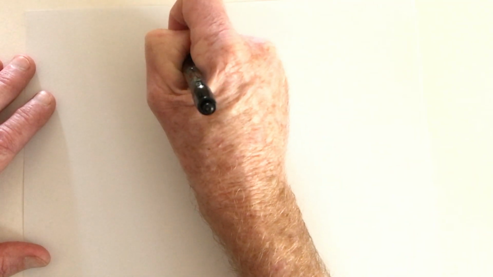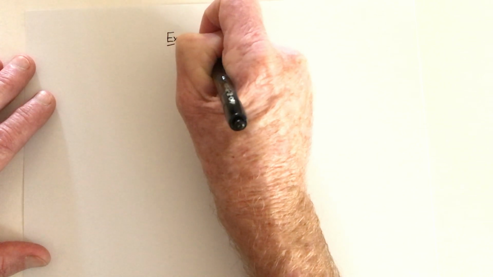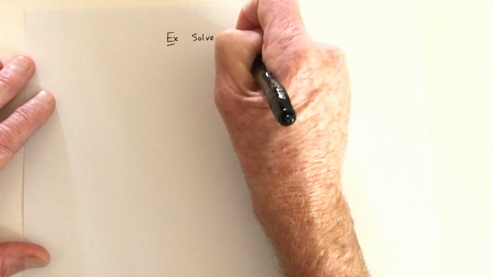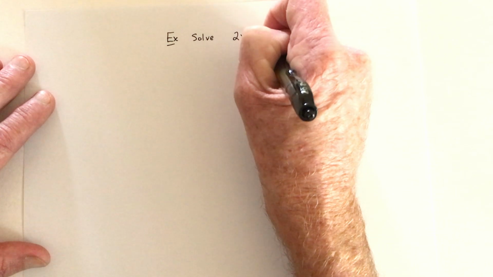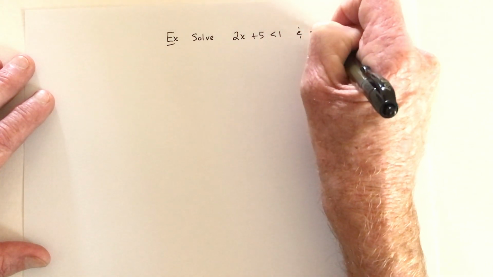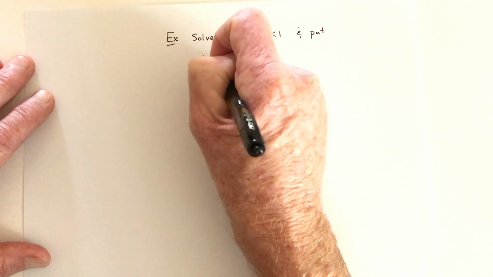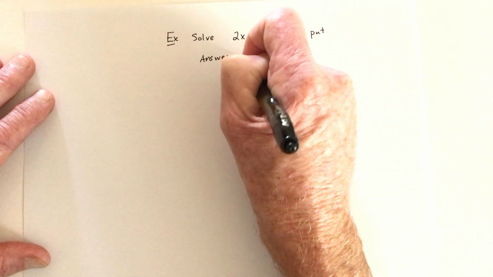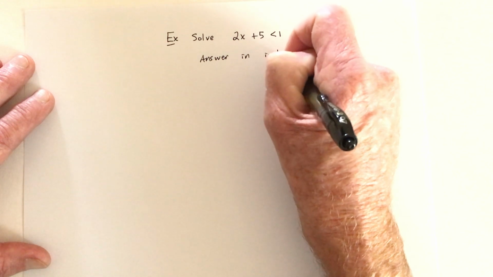So I showed you some examples where we do the interval notation. So for the next example, solve the inequality 2x plus 5 is less than 1 and put the answer in interval notation.